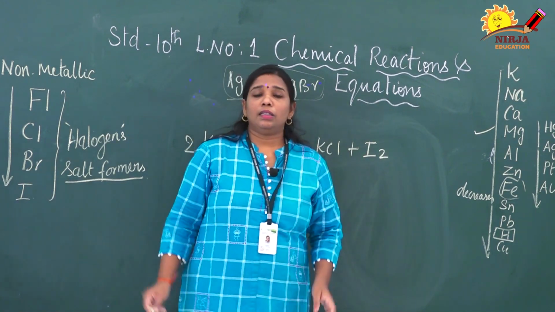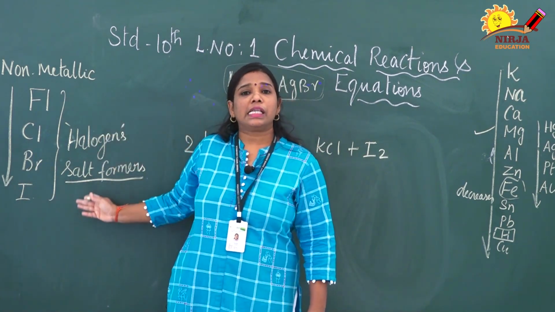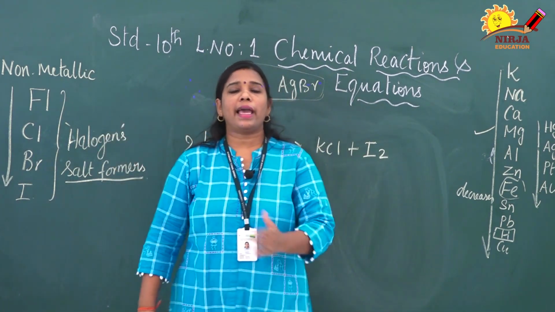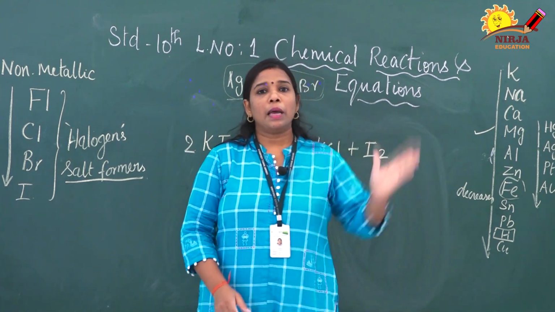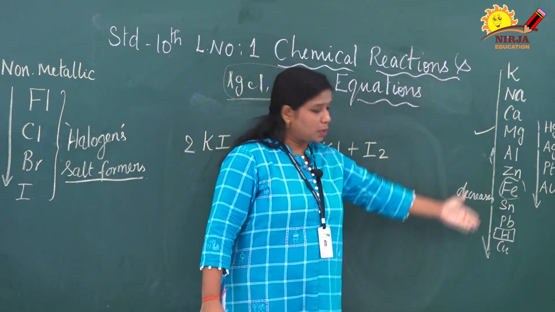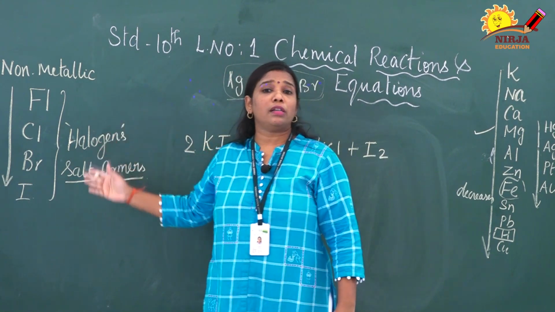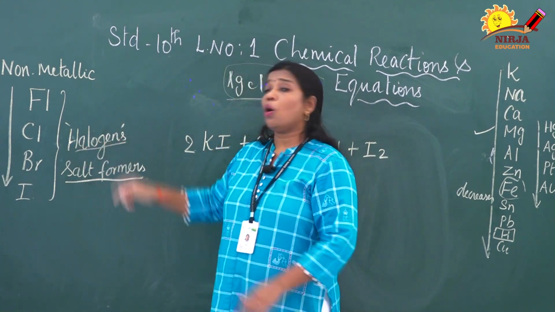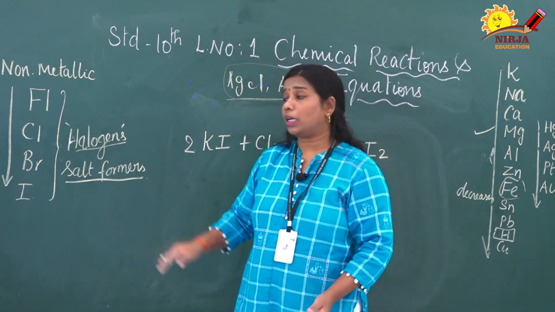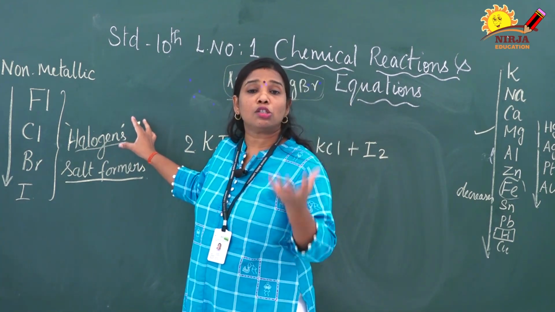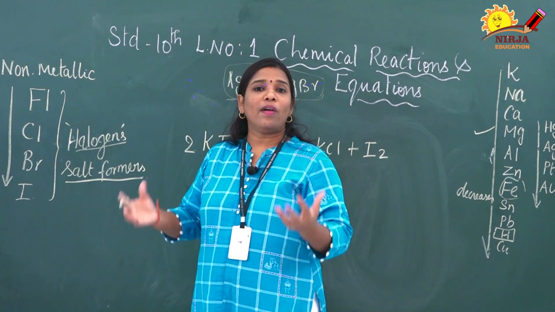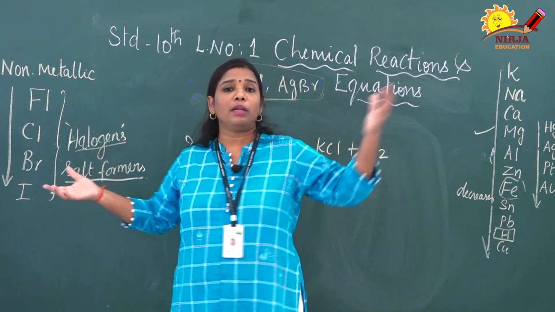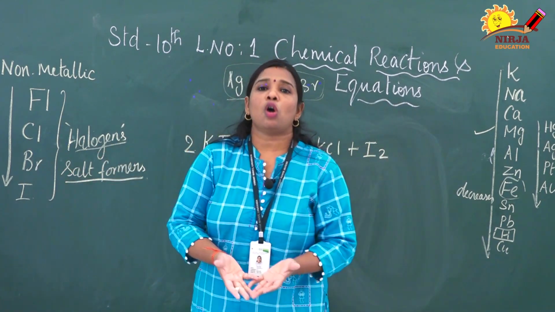Like metals, non-metals also have a reactivity series, particularly halogens. Before that we discussed the metal reactivity series this way. What are halogens? We will discuss that later. Halogens are nothing but salt formers. When the halogens combine with a metal, they produce salt.